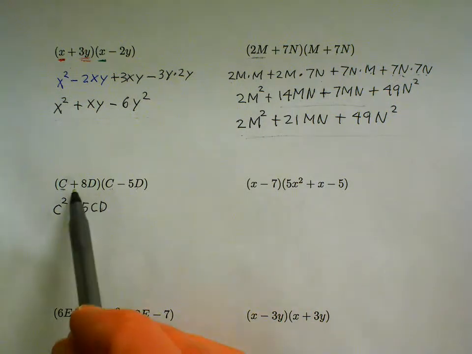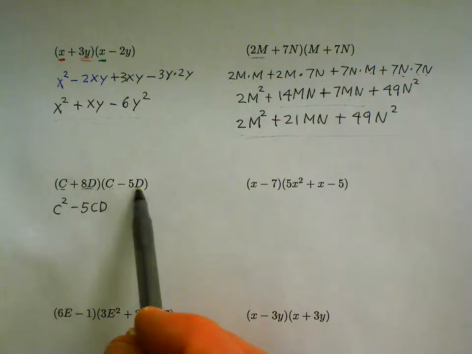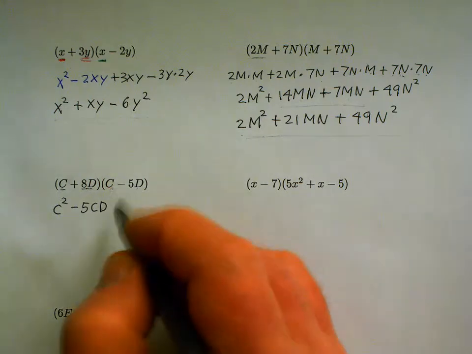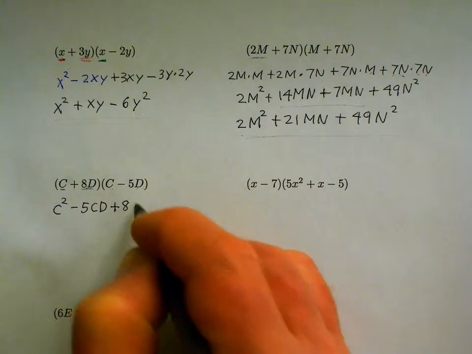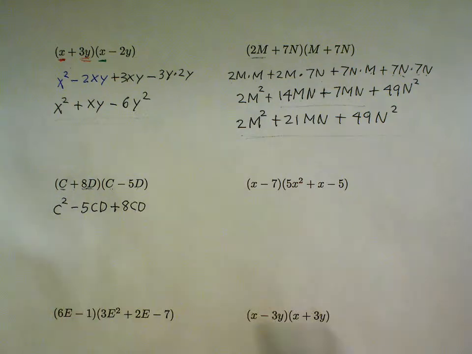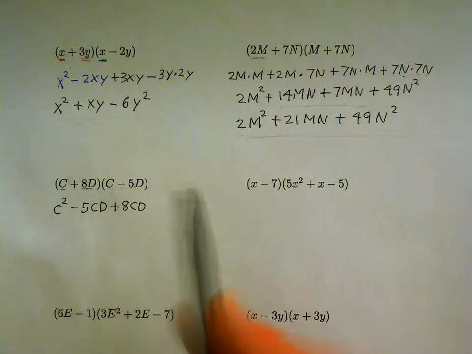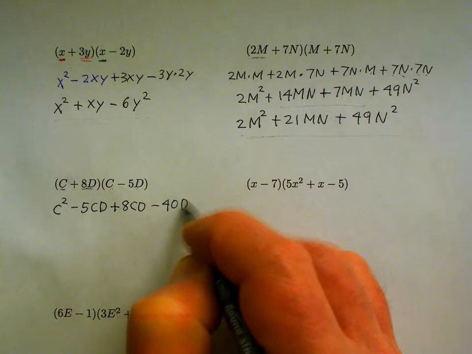Then we shift over to the plus 8d. We're going to multiply 8d times c minus 5d. So first, 8d times c, I'll write it as plus 8cd. And then minus 8d times 5d is minus 40d to the second.